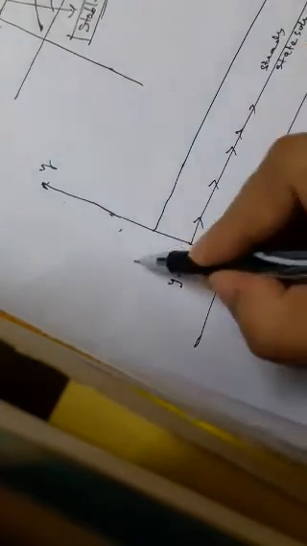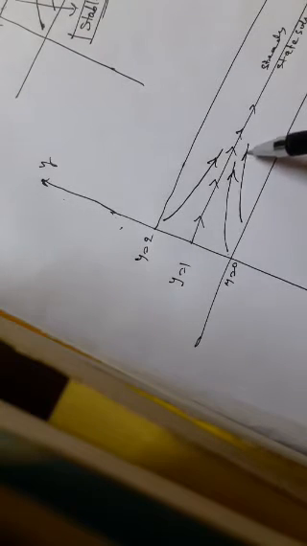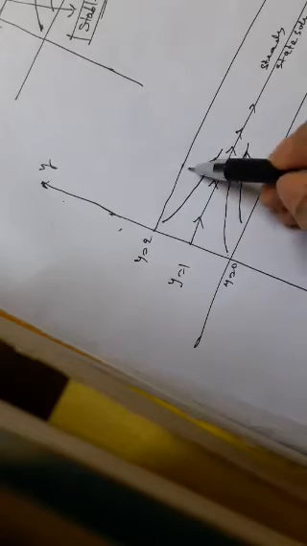We know that within the region y is equal to 0 to y is equal to 2, if we take any point, it moves towards the steady state. The steady state is stable.